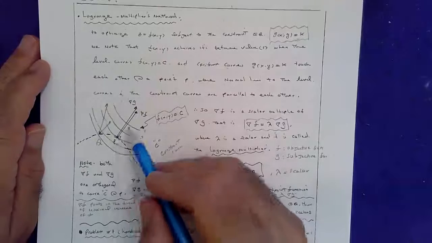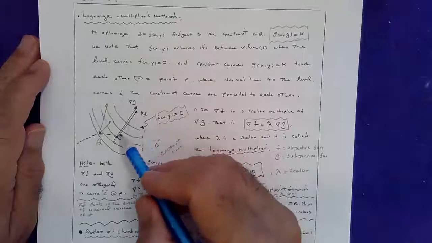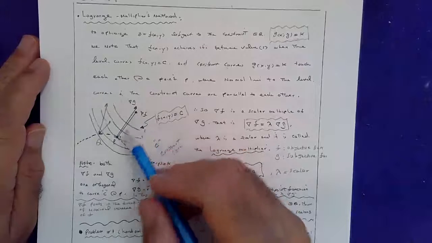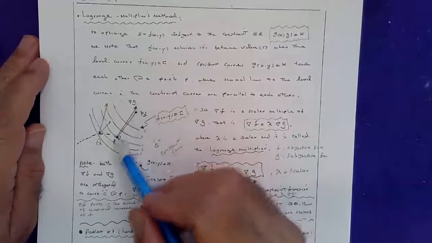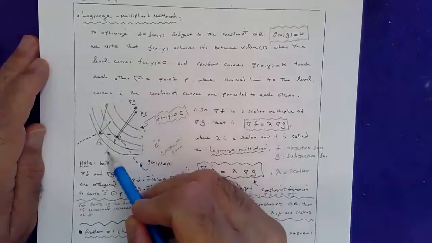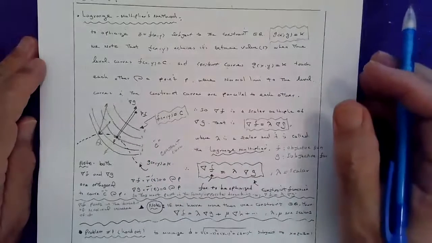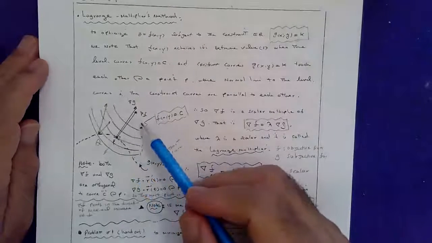At that point, their normals are pointing in the same direction, or they could be in opposite directions of each other, resulting in a maximum or minimum value of the function itself.